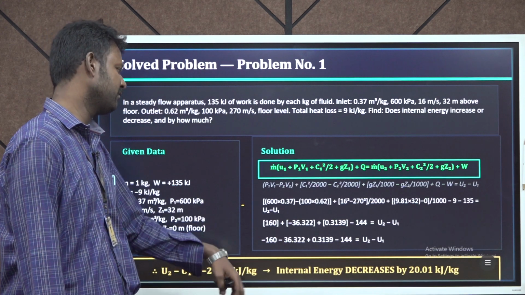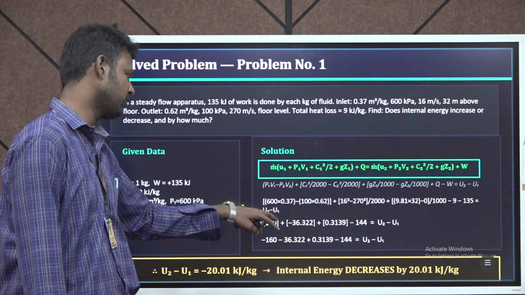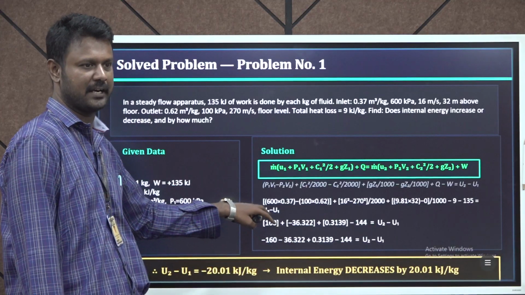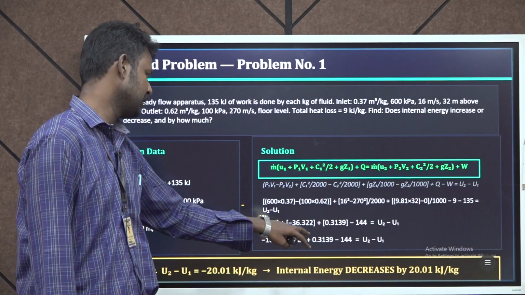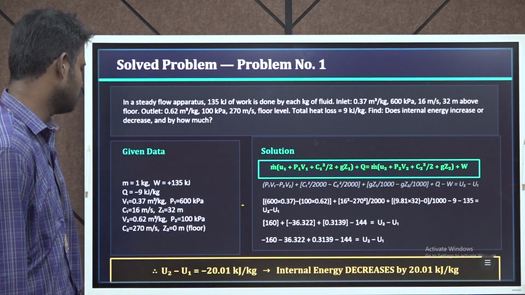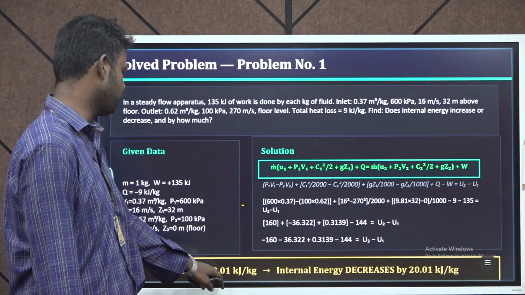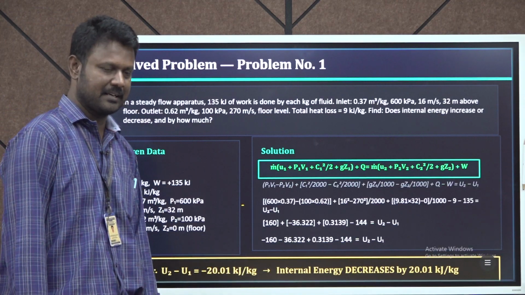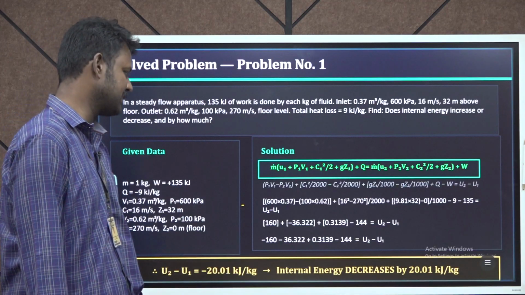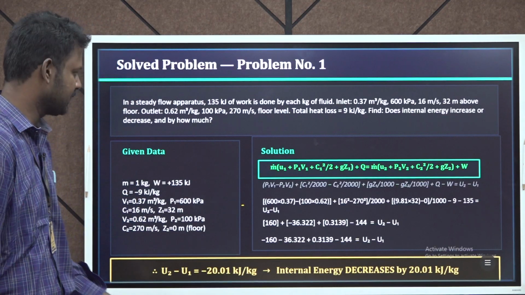When we eliminate the known values, we get U2 minus U1 as minus 20.01 kilojoule per kg. Since the value is negative, the internal energy is decreased.